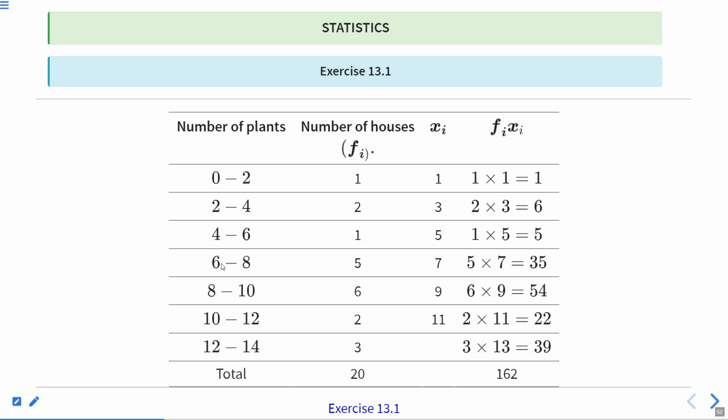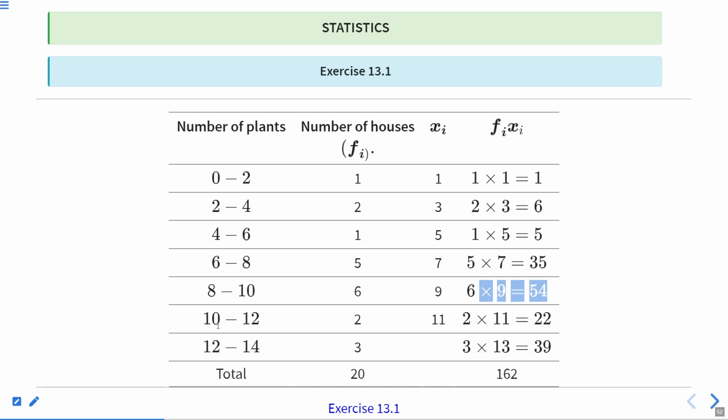And for the next interval, the number of houses is 5, xi is 7, and fi xi is 5 times 7, that is 35. When we have the class 8 to 10, the number of houses is 6, xi is 9, and fi xi is 6 into 9, that is 54.